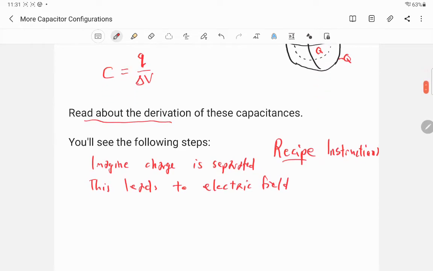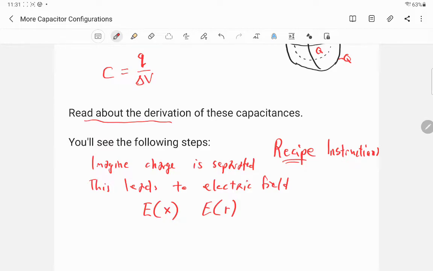And in this recipe, you actually have to figure out the electric field function. You need to be able to write down how the electric field might vary over x position, or how the electric field might vary over radial position.